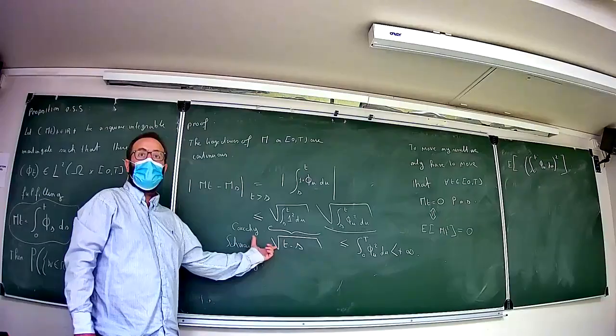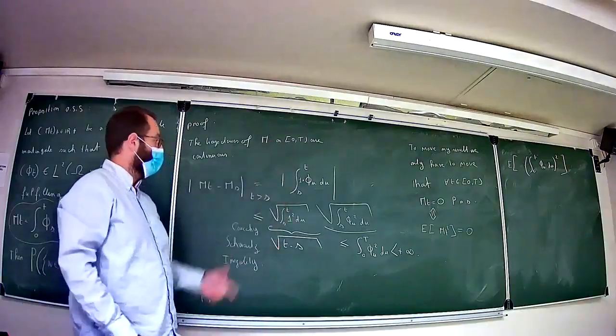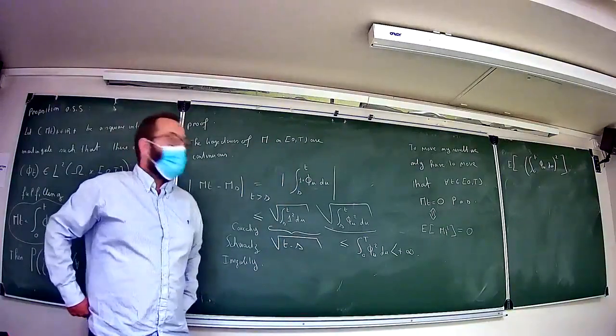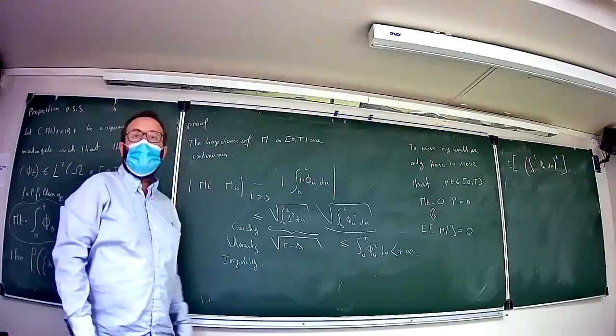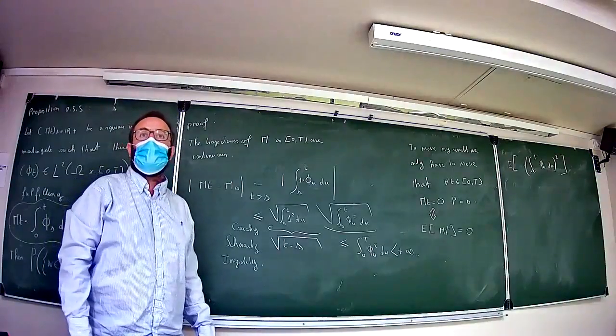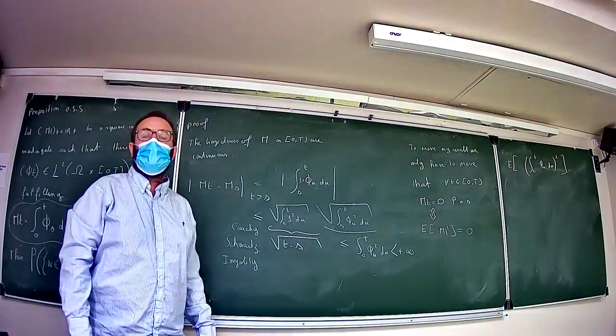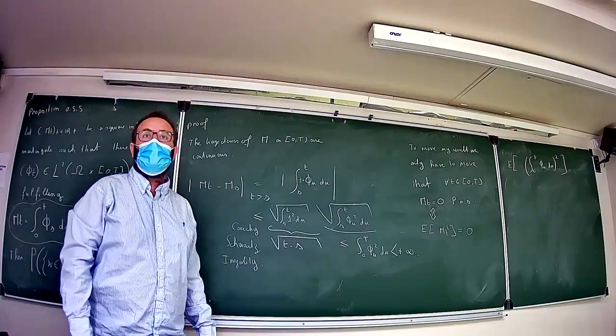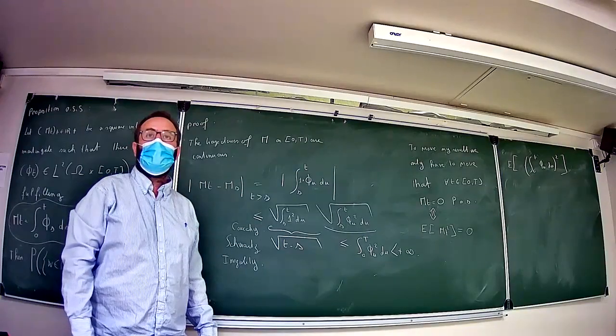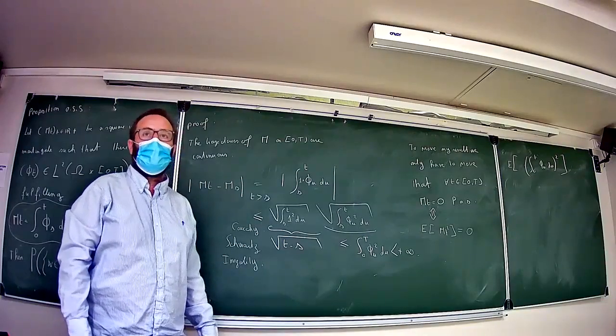It was your idea to say that the square of the integral will be something that will be less than the product of the integral of the square. Is it what you have in mind or not? More or less?